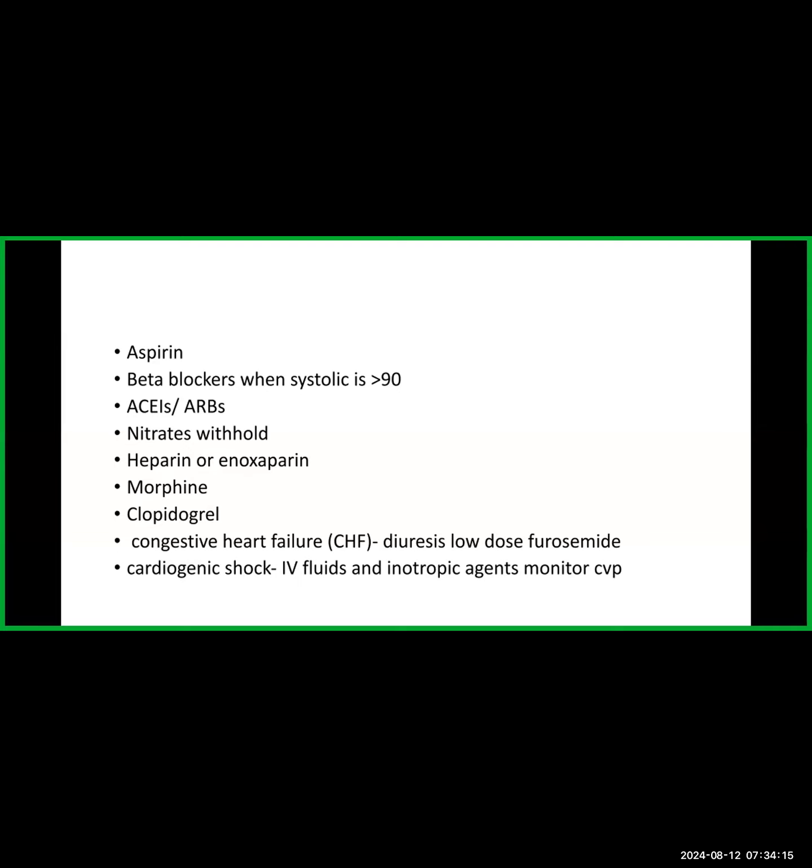For this particular patient, when the systolic BP is now greater than 90, other medications can come into place where the patient will benefit from beta blockers, the ACE inhibitors, but bearing in mind this patient is asthmatic, so the cardioselective beta blockers would come into play. Then heparin or enoxaparin, morphine, and clopidogrel.